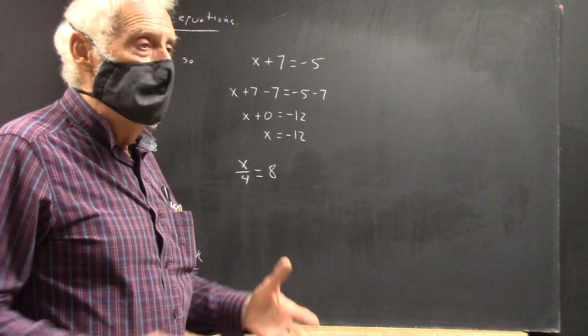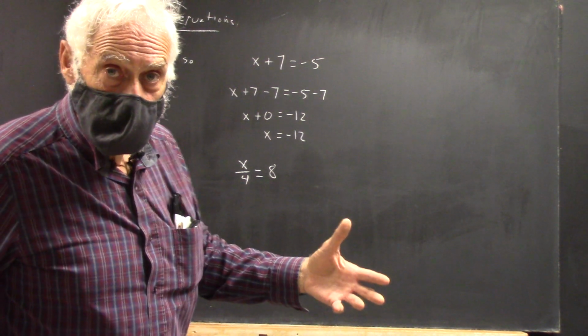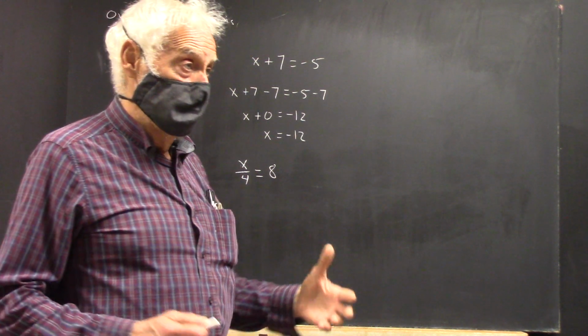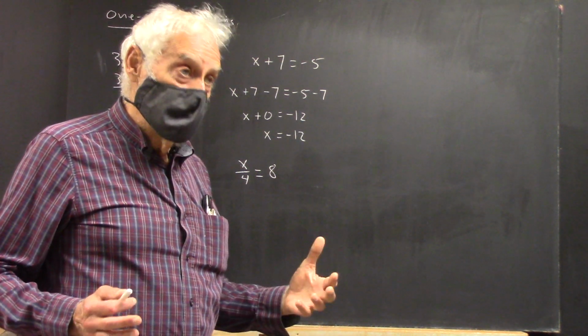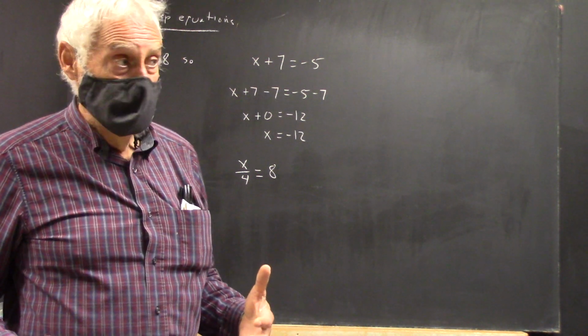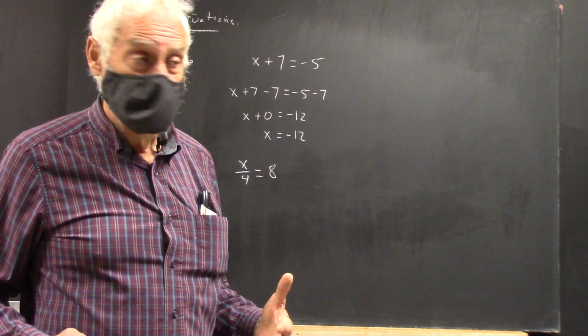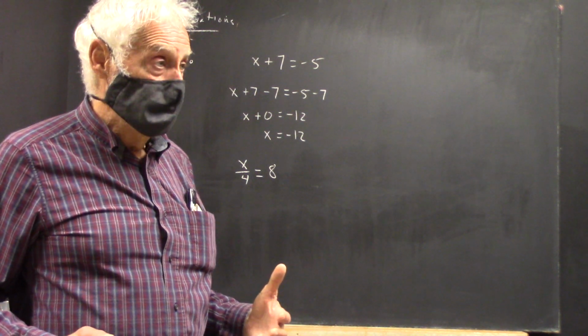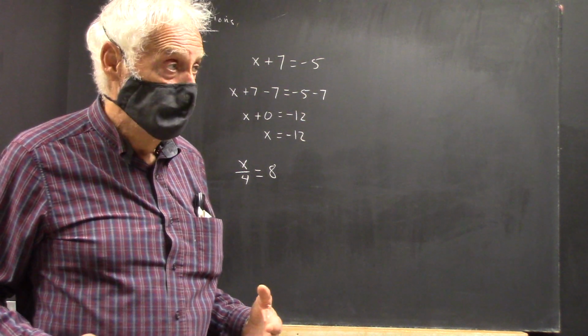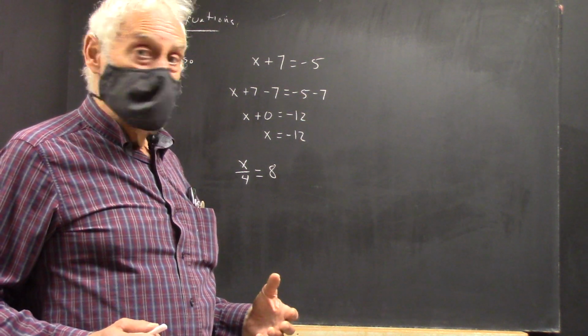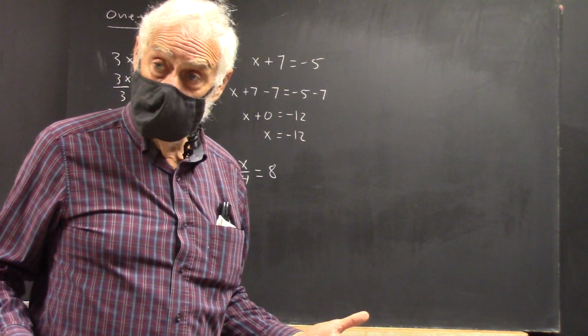If you've got a bunch of denominators, you multiply both sides by the common denominator. That's worth noting. It'll save you a lot of trouble later because you're going to see a lot of equations in a pre-calculus course that are much, much easier to solve if you remember to do that.